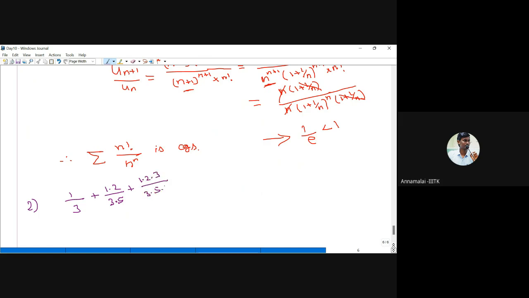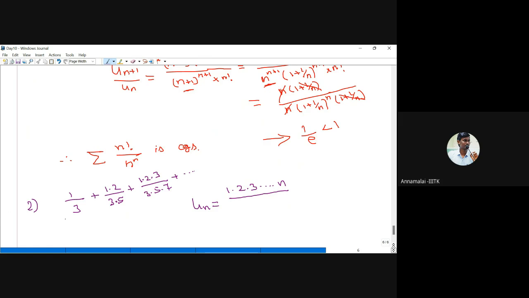So there are consecutive odd numbers in the denominator and consecutive numbers in the numerator. Now tell me, what is u n? The numerator should be 1 into 2 into 3 into etc. n.